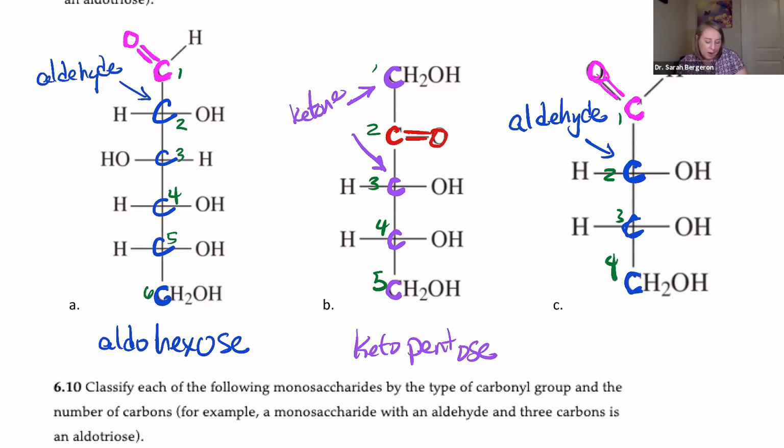So when I write my name, it is going to be aldo. And then I have 4, so that's tet or tetra, but we don't put the a because it's two vowels, ose and a. So be careful of that when you type it in on the homework.